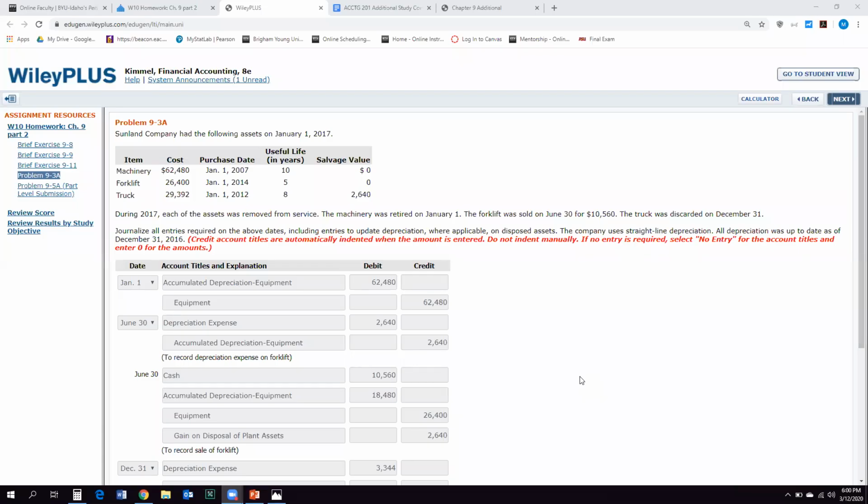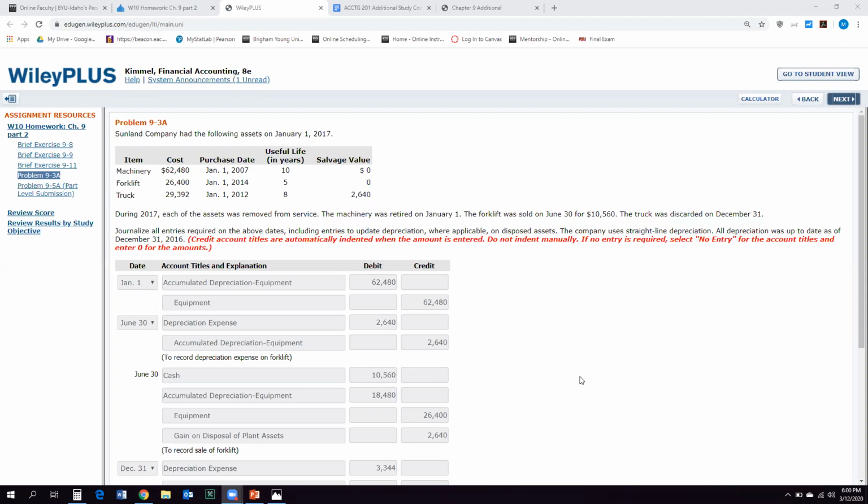All right, 9.3 alpha. Let me share my screen again. There is a video on it, but I watched the video and I still had questions. Okay. So the first thing is the machinery. So retired. I understand equipment, but I don't understand why it's accumulated depreciation up here. Okay.